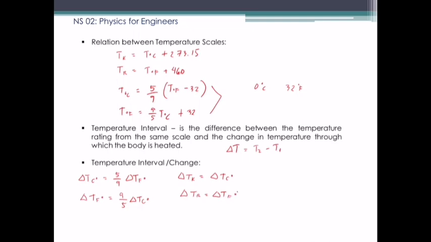That is why, if there's a temperature interval, you can cancel it directly. Say for example, you have T2, T1 in degrees Celsius, in degrees Fahrenheit, in degrees Röntgen, in Kelvin.